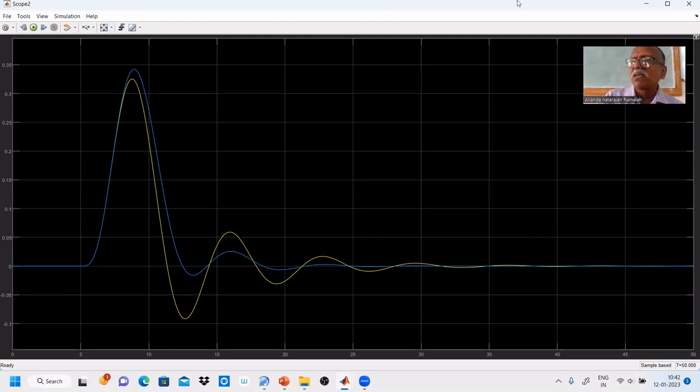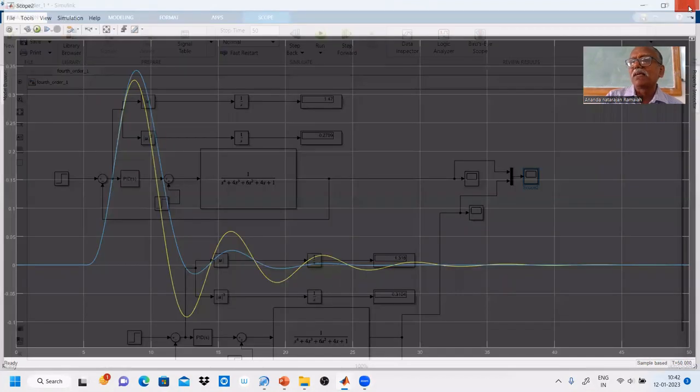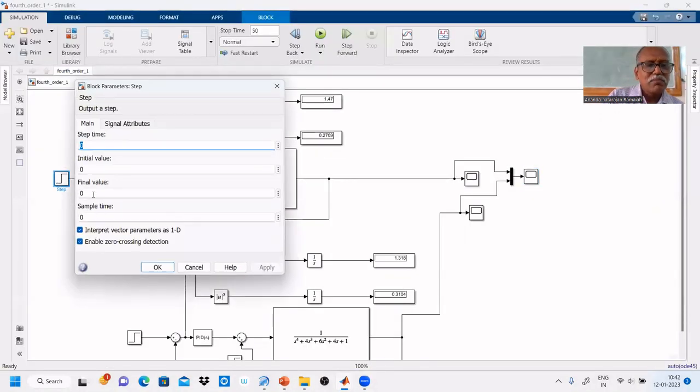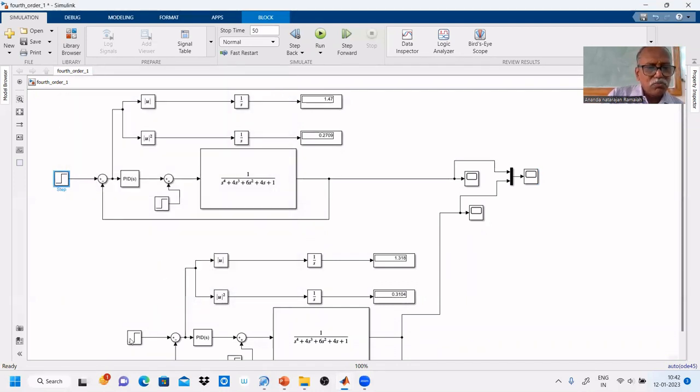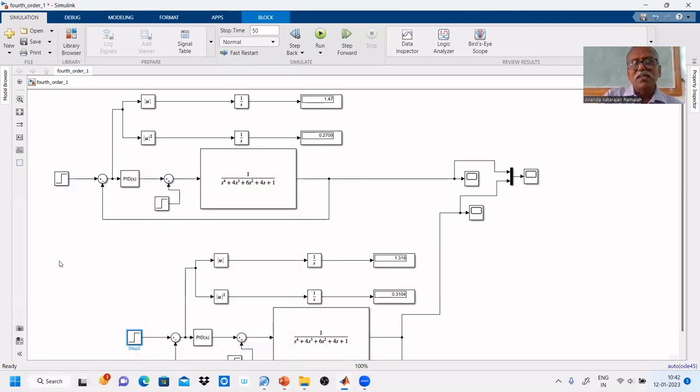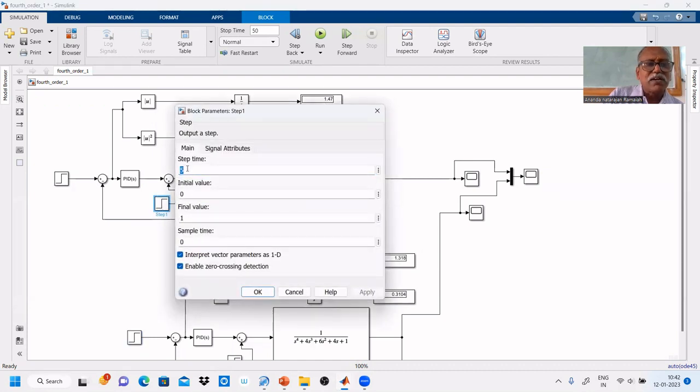Instead of doing it this way, you can apply the disturbance by combining both. I am giving a final value of 2 here. You can do both in a single response. That is also possible. We noticed it settles around 25. So instead of 5, let us give the disturbance at 25.